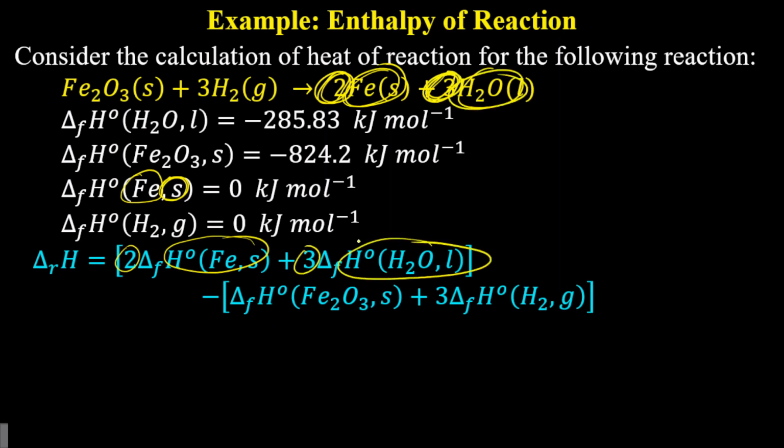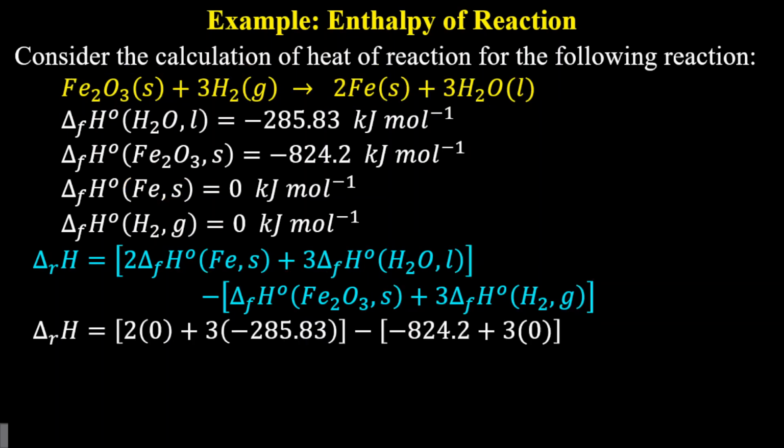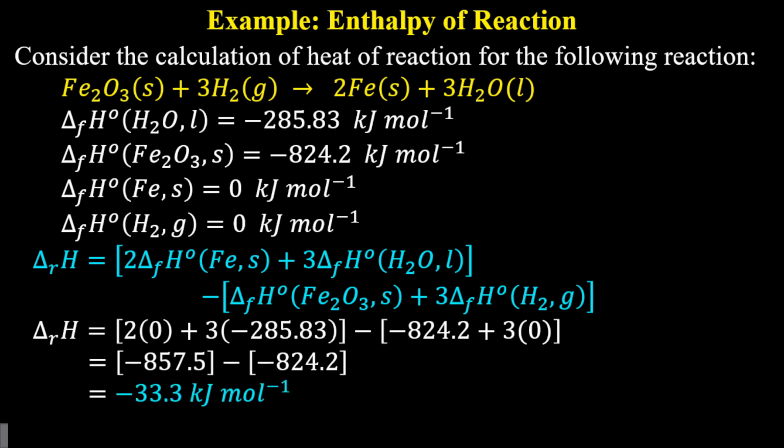Then on the reactant side, the enthalpy of formation of Fe2O3 and 3 times the enthalpy of formation of hydrogen, which obviously is 0. Substitute these values and get the answer. You can get the enthalpy of this reaction very easily using the formula. It will be minus 33.3 kilojoules per mole.